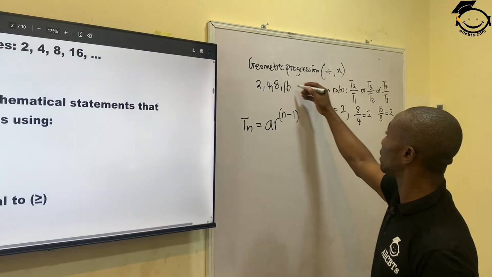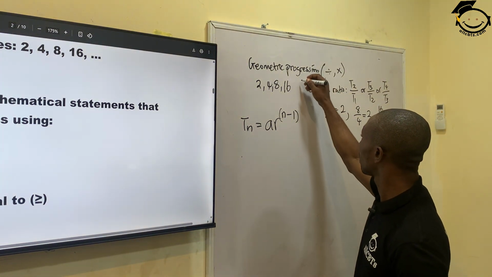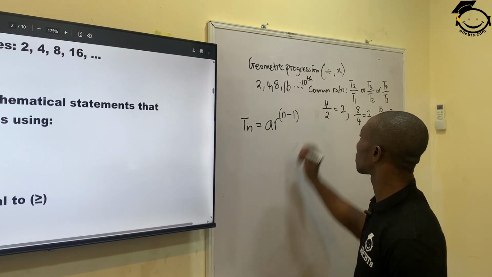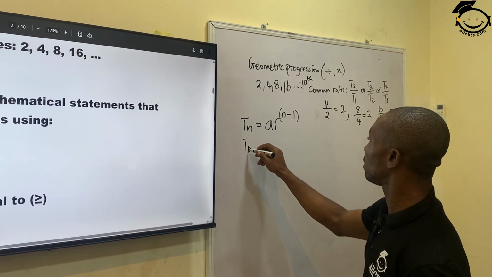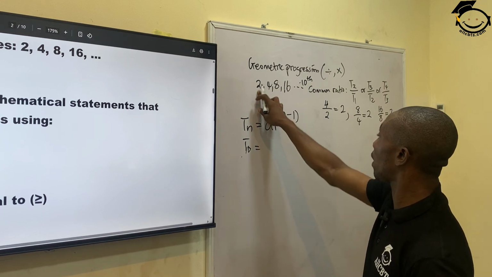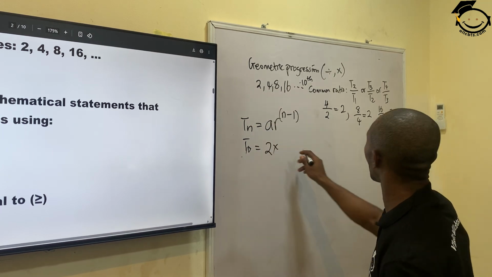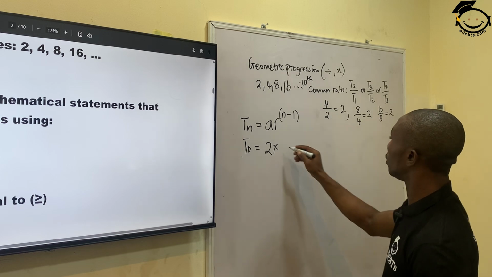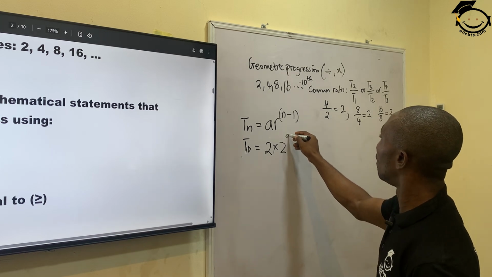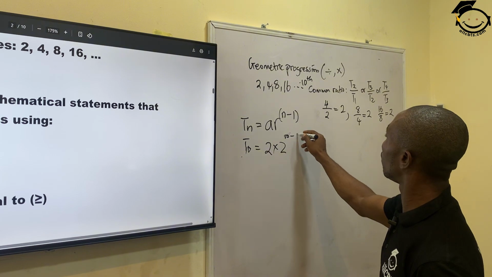If you are looking for the 10th term of this sequence, T10 equals our A, which is 2, times our R, which is 2, raised to the power 10 minus 1.